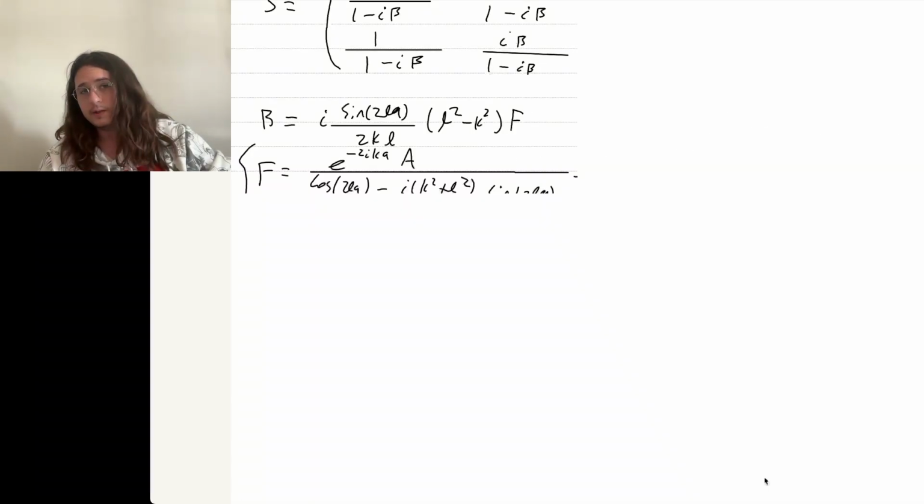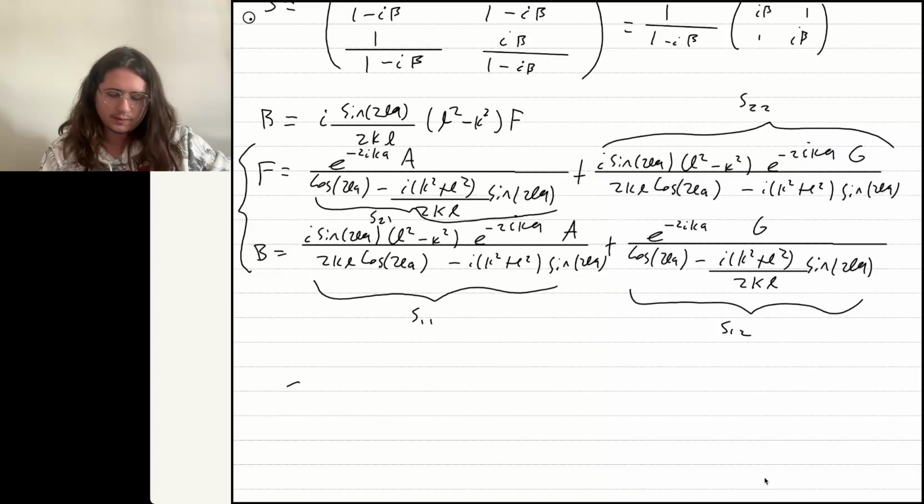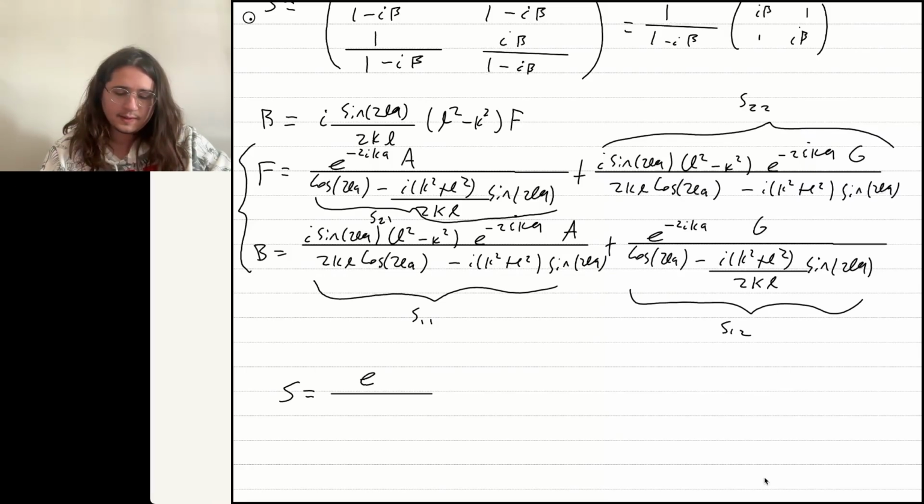I'm going to do it in the more simplified form already because I don't want to write all of that garbage again. But both of them have to be divided by, and actually all of them have an exponential on it as well. So it's all times e to the minus 2ika, cos(2la) minus i (k squared plus l squared) over 2kl sin(2la).